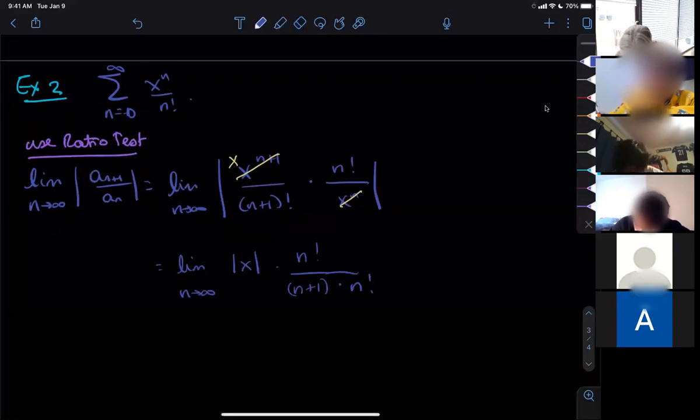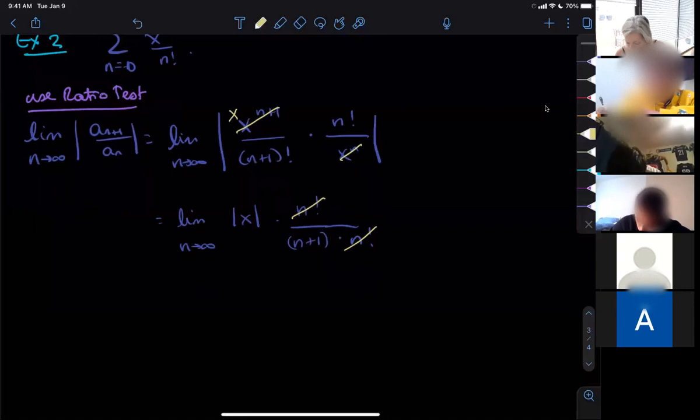And then those n factorials cancel out. So this is what we did in last class. We can do it again now. x is just a constant. I mean, x is a variable in general, but if you're just thinking about it for an individual x, n is changing. n doesn't have anything to do with x, so I can pull x out of the limit.